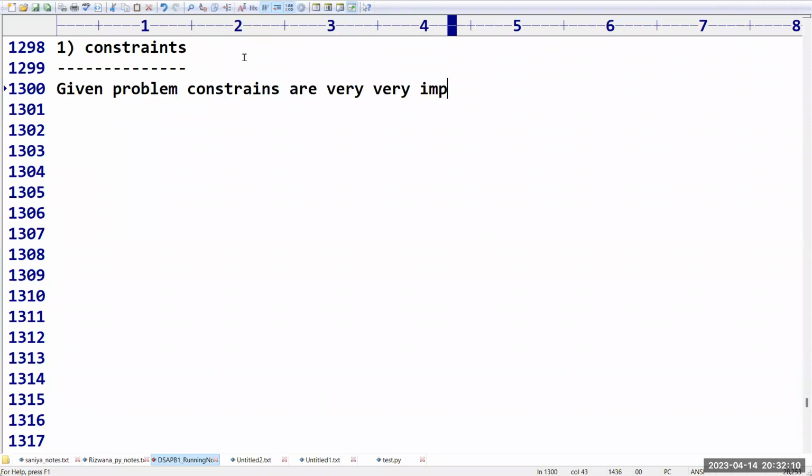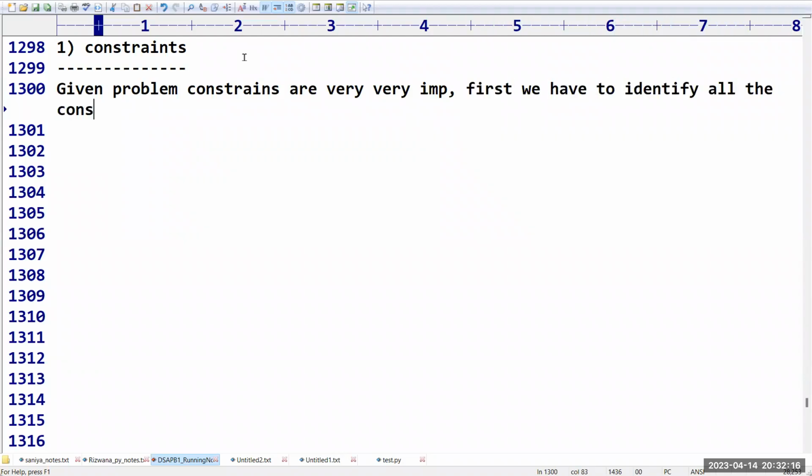First we have to identify all the constraints related to the given problem.